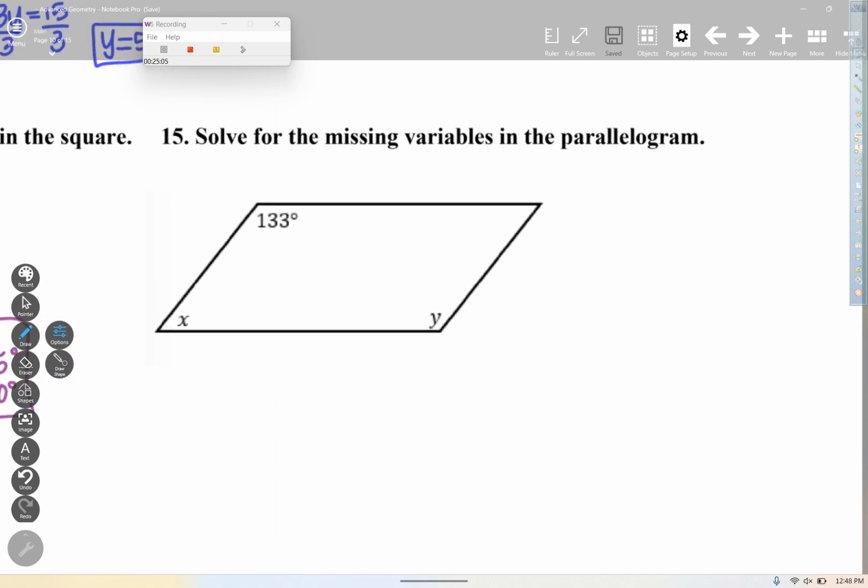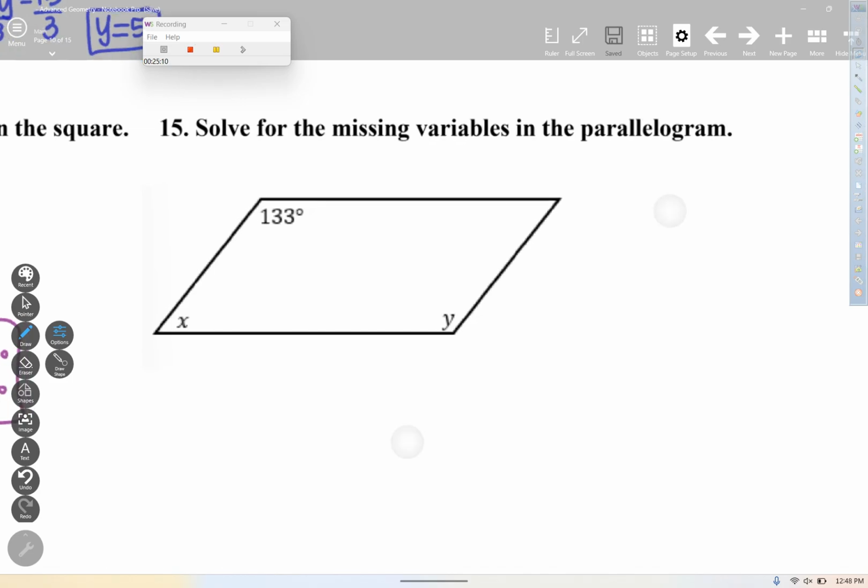All right, solve for the missing variables in the parallelogram. Okay, well, I know with parallelogram that opposite sides are congruent, and I also know that the consecutive angles are 180 degrees. Okay, so that off the bat tells me that y is how big? Should be 133. So then how am I going to find x?